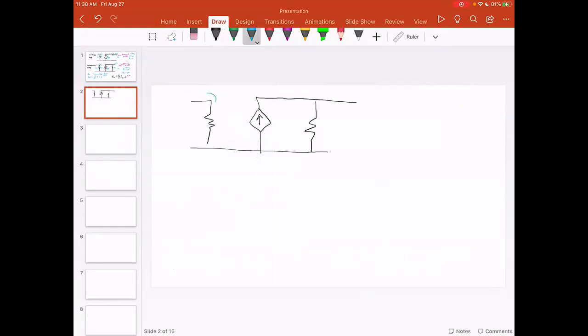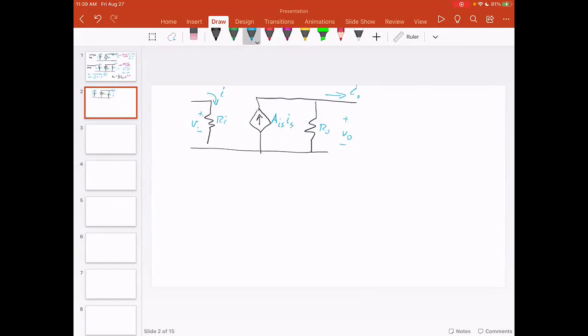So we have IN flowing through RI. We still really do have a voltage there. We have R out. We're producing output voltage, V out there, but we're also producing an output current. And now we have an amplifier here, which has an AIS amplification.